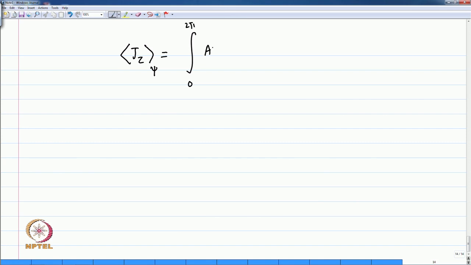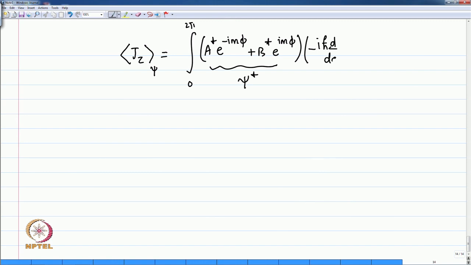You will have A star e^{-i m phi} plus B star e^{i m phi}, because this is psi star, acting with the operator minus i h bar d by d phi on the psi, which is A e^{i m phi} plus B e^{-i m phi}, d phi. But please remember, this wave function we have not yet normalized.